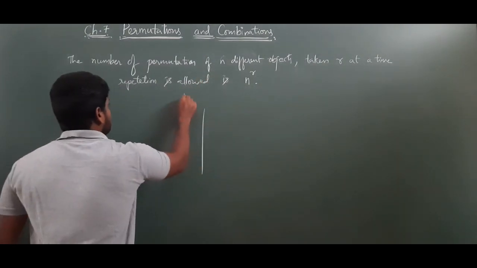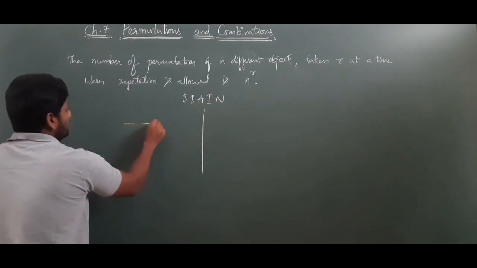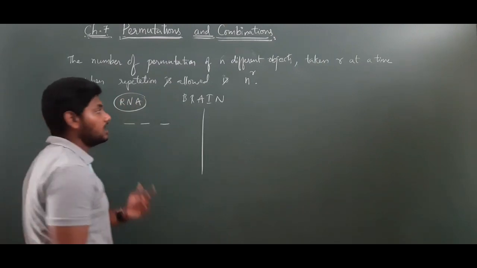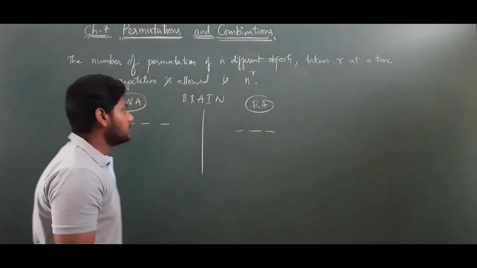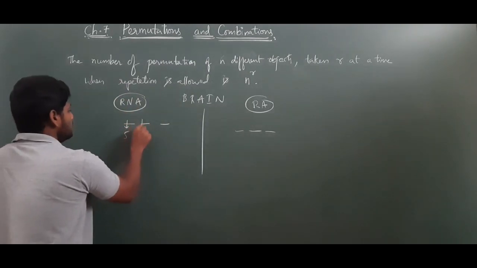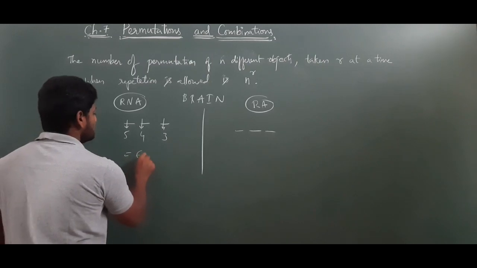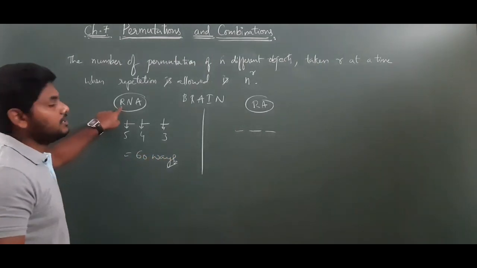See, the same way we will consider the word brain. When we want to find a 3-letter code, the nPr case is nothing but the repetition not allowed case. If we consider the repetition allowed case, the first letter can be filled in 5 ways, next letter 4 ways, next letter 3 ways, 5 into 4 is 20, into 3 is 60 different permutations when repetition is not allowed.